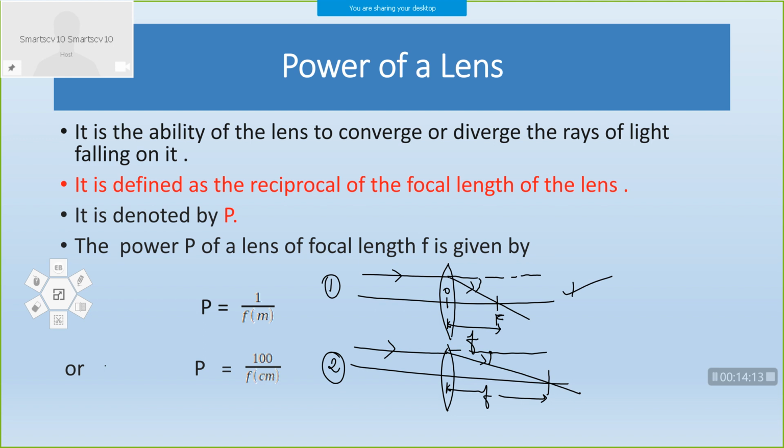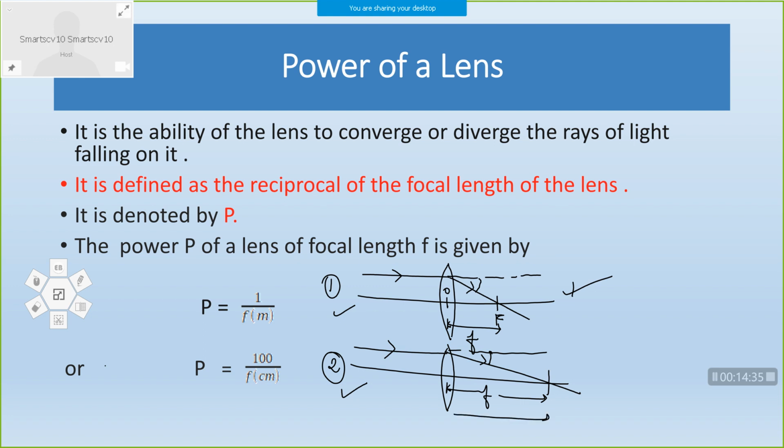So when you talk about the focal length, the lens which has more power has less focal length. We notice that the first lens has more power, but the focal length is less. For the second lens, it has less power, but the focal length is more.